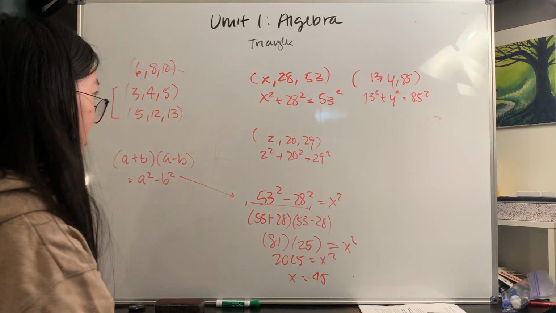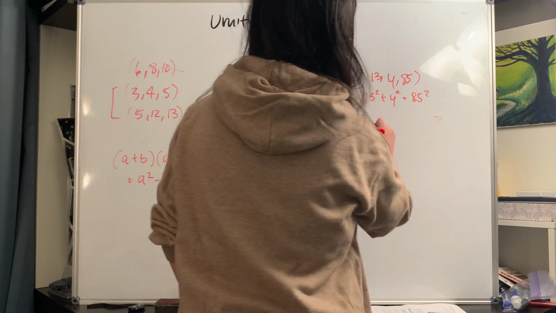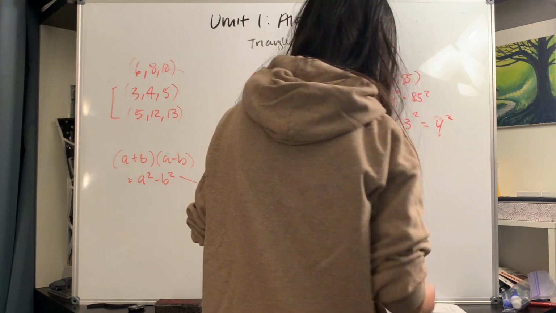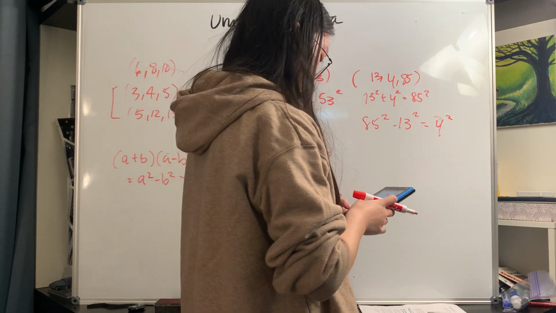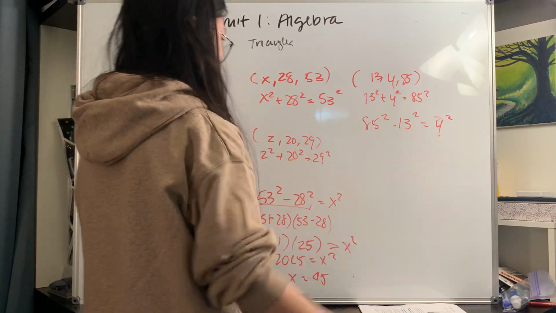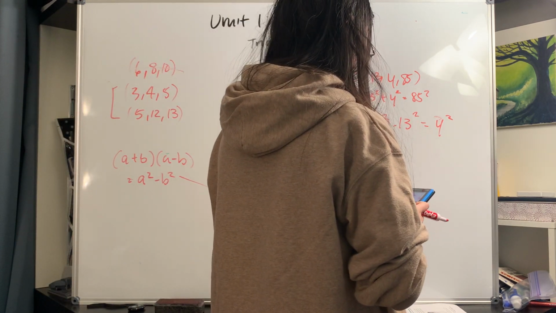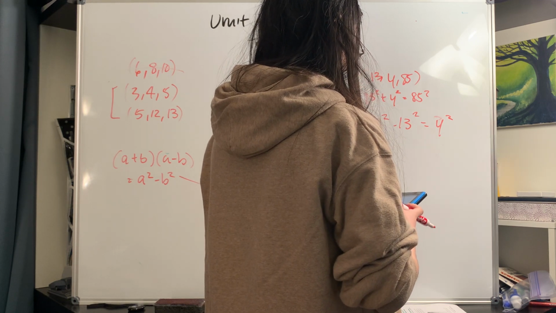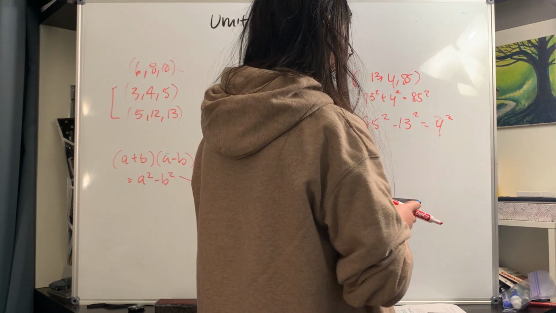Then we could do the same process for this here. 85 squared minus 13 squared is equal to y squared. After teaching this trick up here, I'm just going to subtract them by calculator. 85 squared minus 13 squared, square root of that.